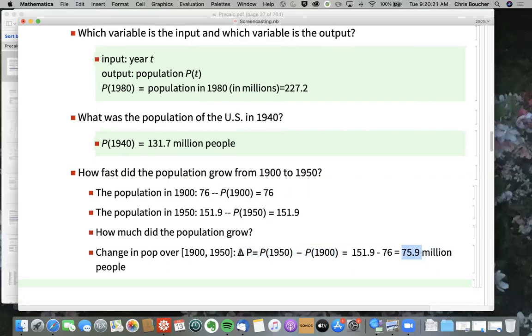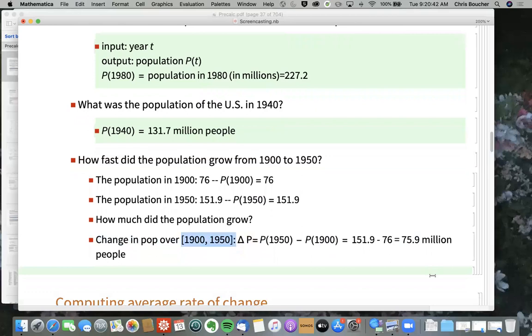We'll call this quantity delta P. That triangle is the Greek letter delta. This often gets read as change in whatever comes after it. So delta P is the change in P. And this is the change in population over a certain time interval, and we'll express the time interval using interval notation as we usually do.